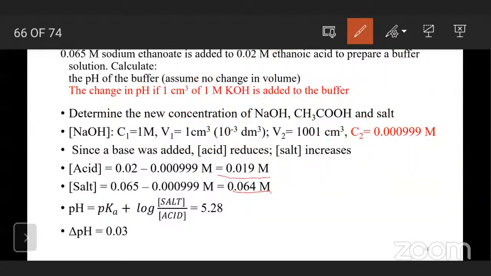For that of your salt, the initial concentration of that salt is 0.065 molar.